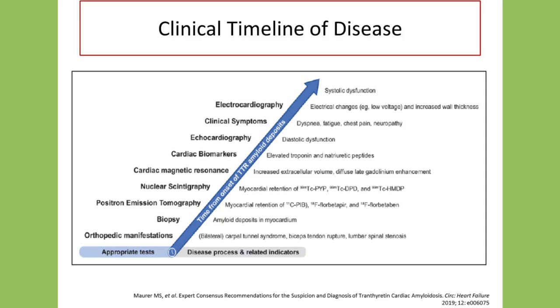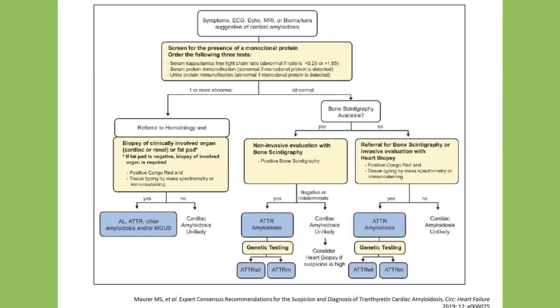So with cardiac amyloid, it's not one test or another, it's timing of testing in progression of disease and when that becomes important.